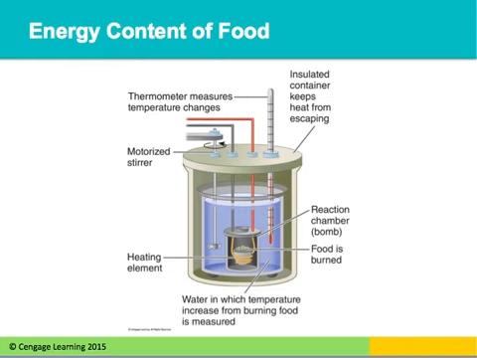The thermometer measures that water change. The insulated container keeps the heat from escaping, and by that change in heat, we can determine how many calories, or how much energy in calories, is produced by that food.